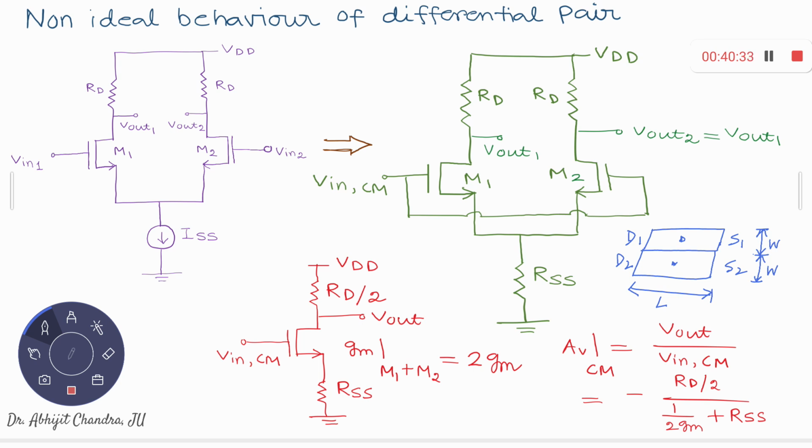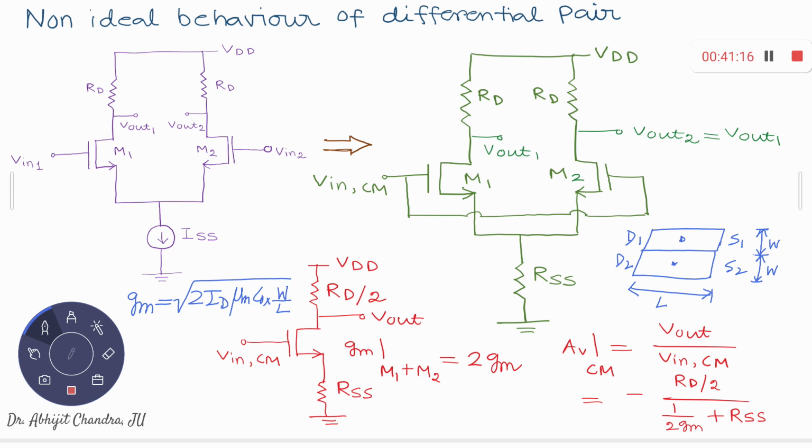What was the expression of gm? gm is given by the square root of 2 ID mu n Cox W over L. Now, for this combined MOS M1 plus M2, the current ID gets doubled, since ISS by 2 and ISS by 2 give ISS, and the width is also doubled.